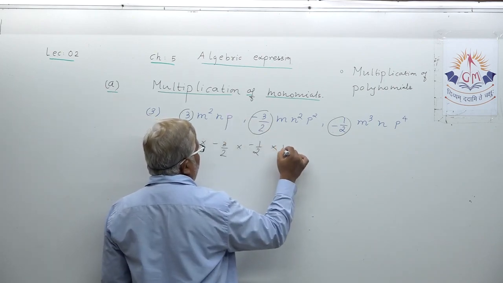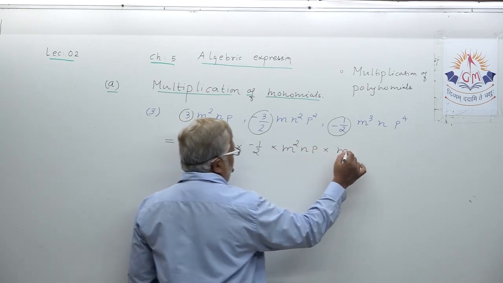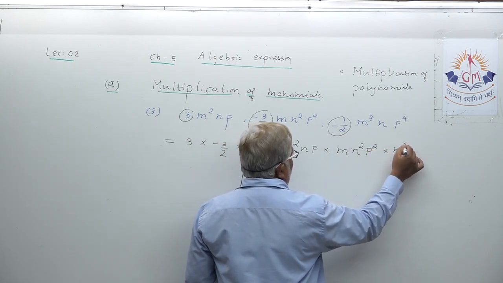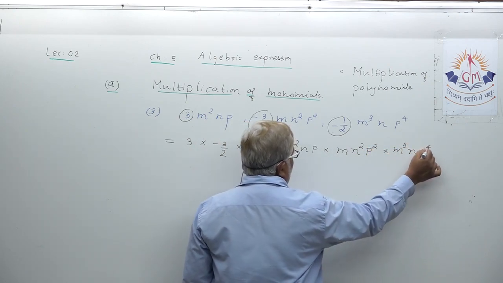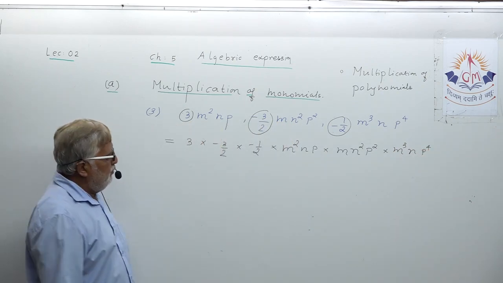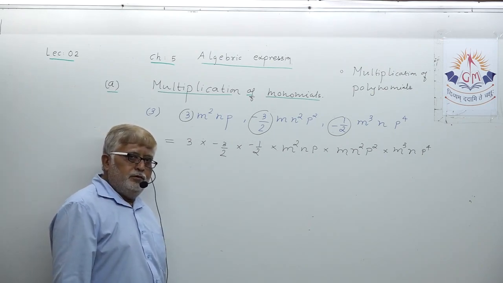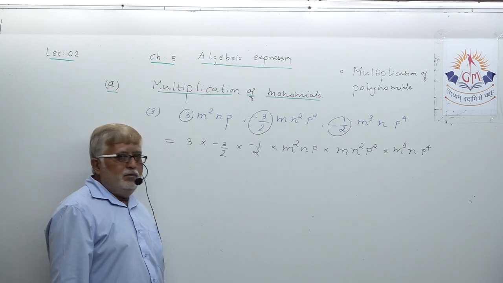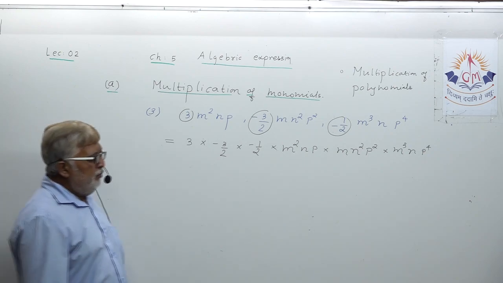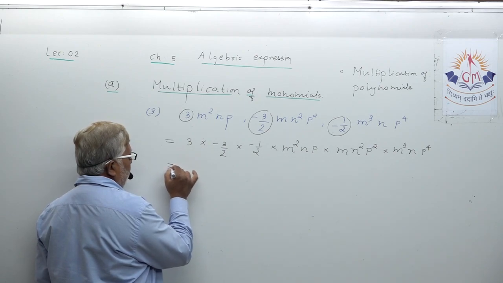Then the rest I am writing as it is: m square np, m n square p square, m cube np raised to 4. Precise time for you to write down. First, I have written all real constants together, because it involves some fractions, so it will make our multiplication easier. That's why. Now let us continue, dear student.